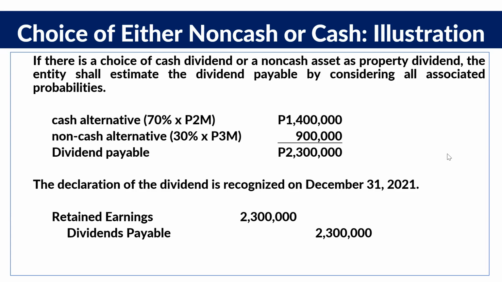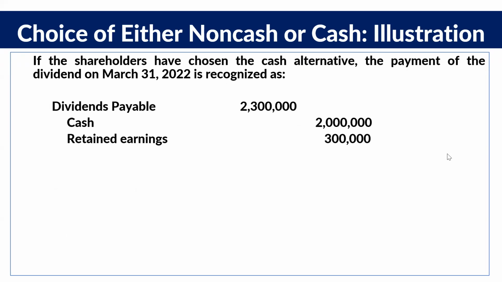Now, pagdating ng settlement date, say for example on March 31, this is the settlement date. For example, the shareholders chose the cash alternative. If that's the case, then we just debit our dividends payable of 2.3 because we will settle it, and then credit the cash that we will pay of 2 million.